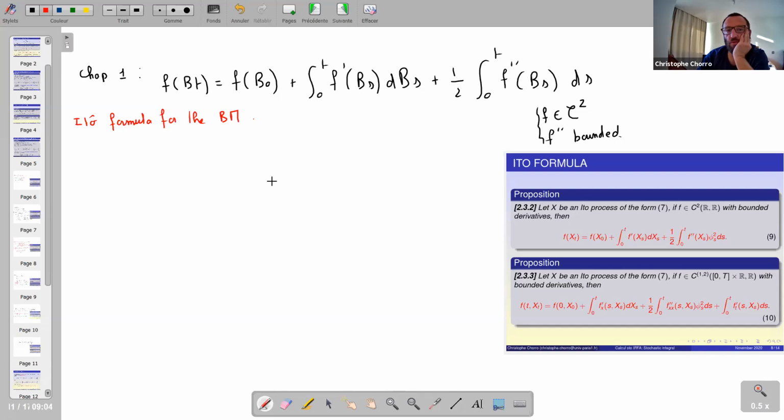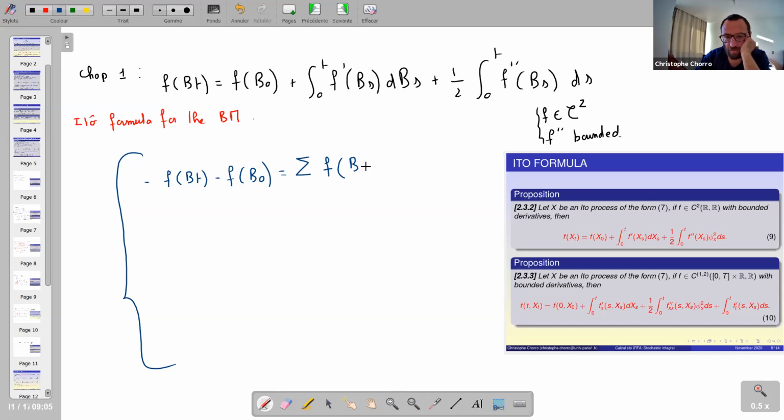And I remind you how I have obtained this result. Let me remind you the sketch of the proof to obtain this formula. First, make appear small increments, that is, write this difference here as the sum of little increments.